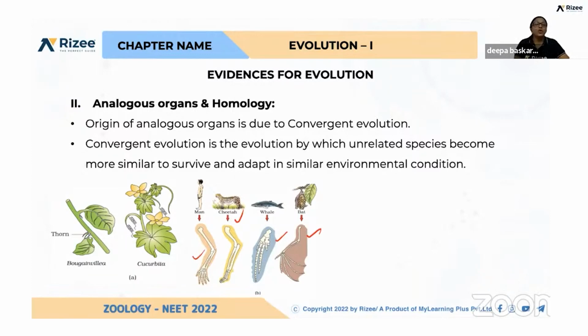And again, these are thorns of bougainvillea and tendrils of cucurbita. From the thorn, it has a spring-like structure, and this is for climbing.